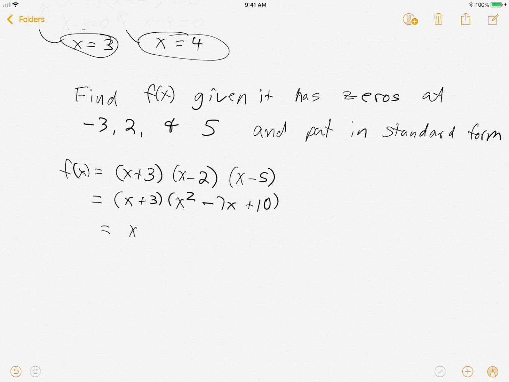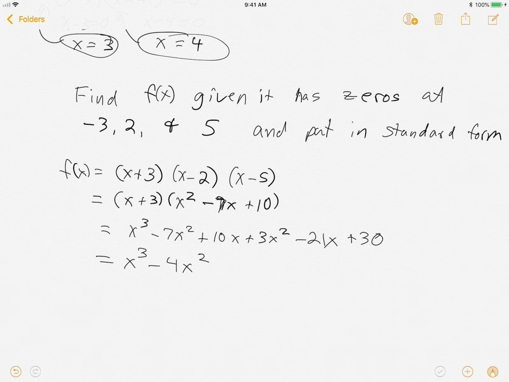It's going to be x to the third minus 7x squared plus 10x plus 3x squared minus 21x plus 30. Combining like terms, we get x to the third minus 4x squared minus 11x plus 30. Okay?